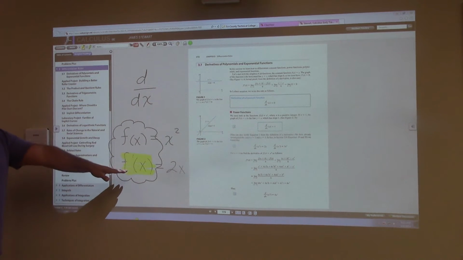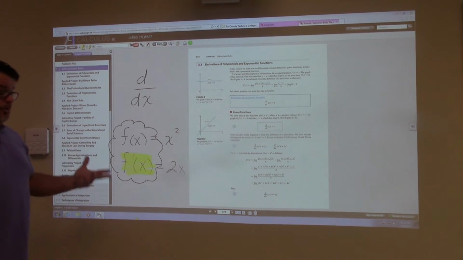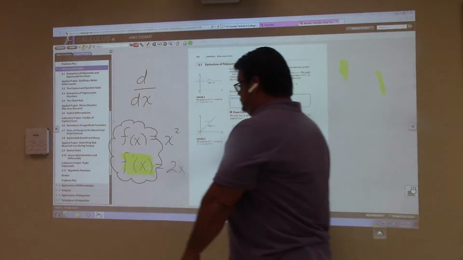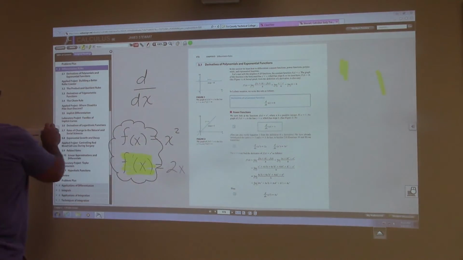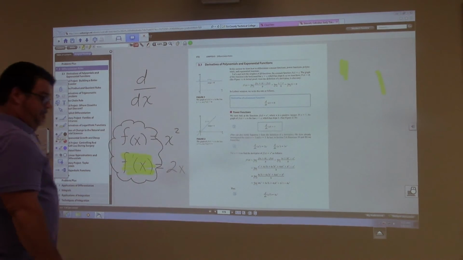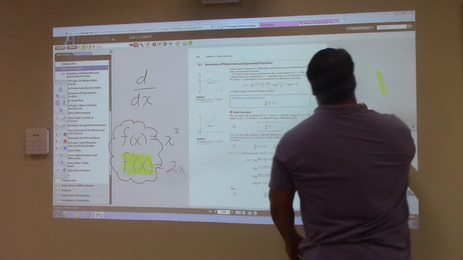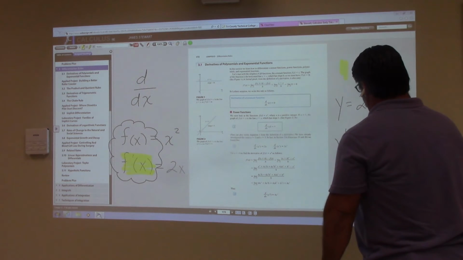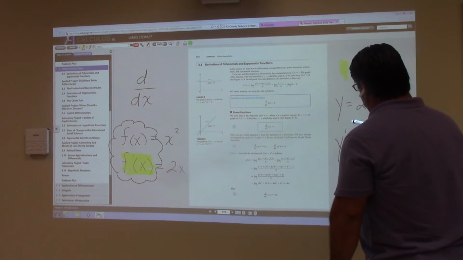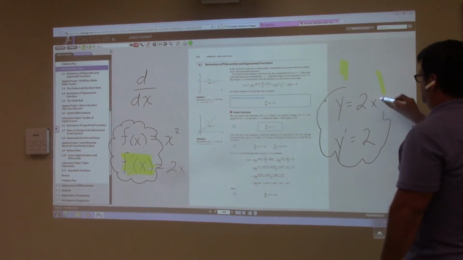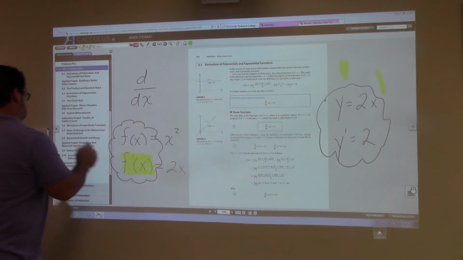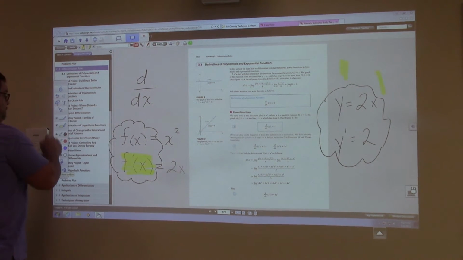So I use this, and you will see other people use the other. If I give you y is equal to 2x, then y prime is equal to 2. If I don't do it like this, I'm going to do it like that.